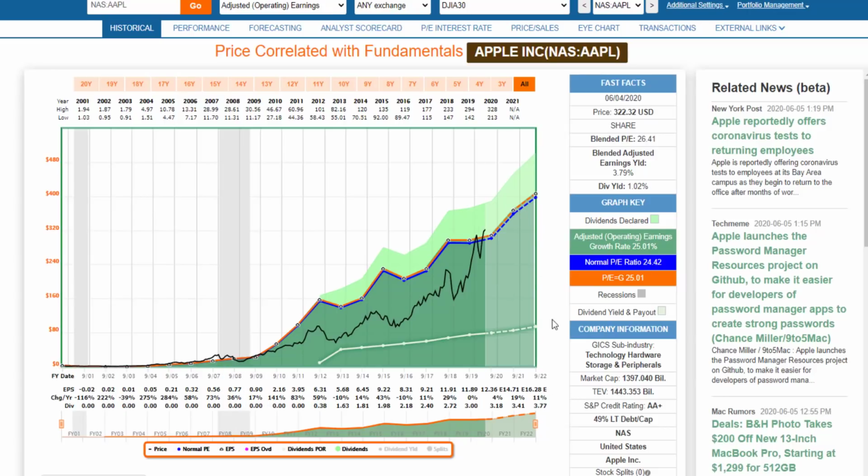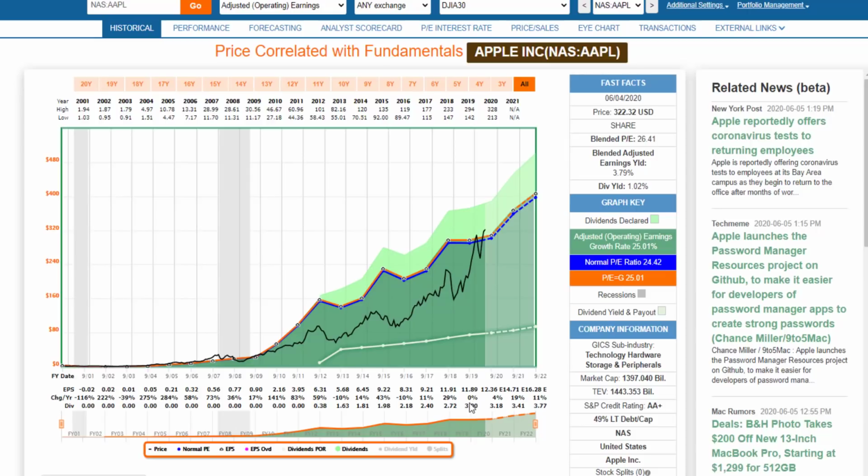And for those of you not familiar with FastGraphs, the light green shaded area and the broken orange and blue lines and white line indicate the future or forecasts. The historical graph is the backward-looking part of FastGraphs for sure, but it's also more than that. It's also a very dynamic tool. So, for example, I want you to notice that if the growth rate is 25%, if I look at the bottom of the graph, we list the growth from each year to the next.